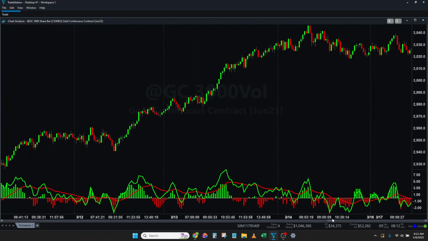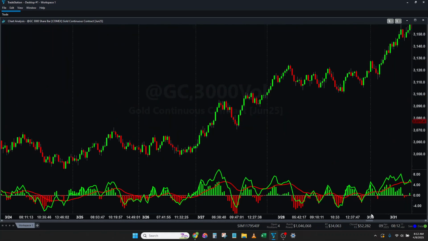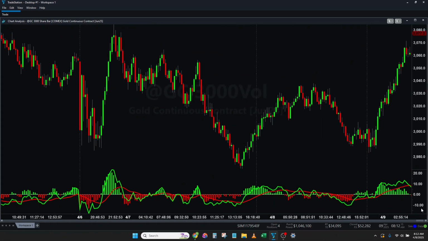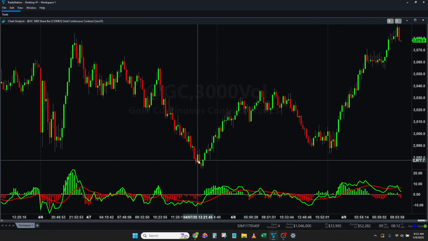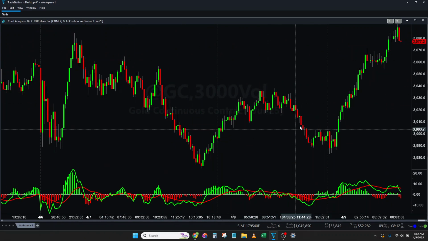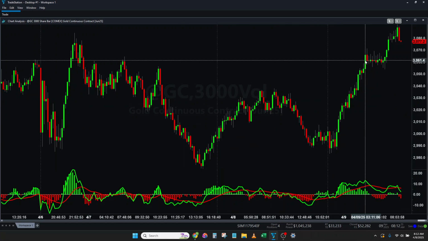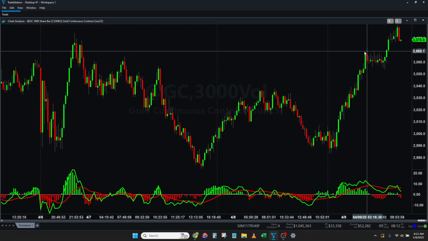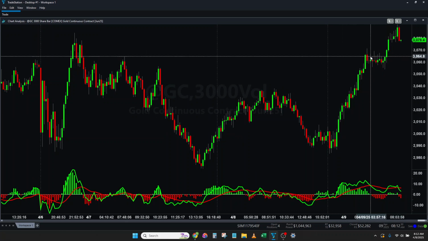But that's the idea. So we come to present day, and we sort of want to see that same thing. The bottom getting put in, bouncing off that bottom. There's your low, and then we're shooting up. You can see that first rally up.